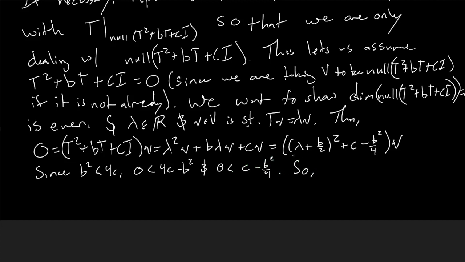So, this right here is a positive number. That is, I've got something squared. Smallest it can be is 0, can never be negative. Then I've got something here that is greater than 0. So I've got something that is at least 0, and something that's bigger than 0. I've got something bigger than 0. So it's a positive number.